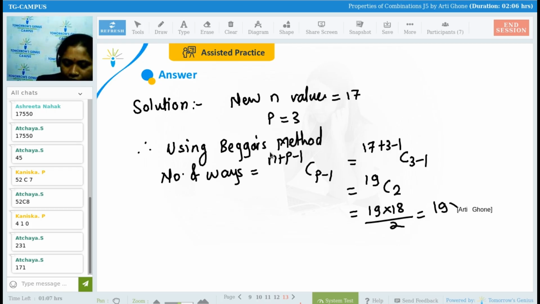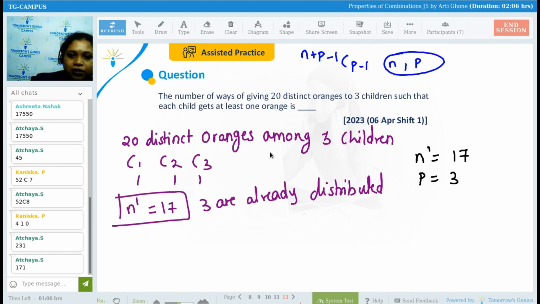So it is 19 into 9, which is equal to 171. Clear? So it is a numerical value question, so no negative marking will be applicable for this. But it is an easier one. Now the answer is 171. Okay? Clear?